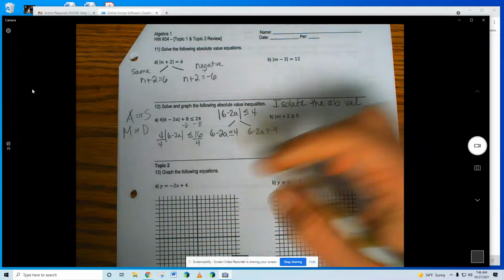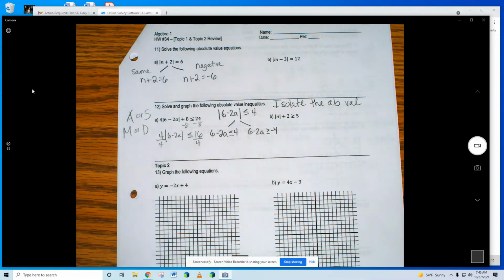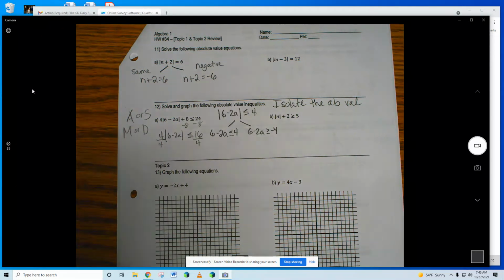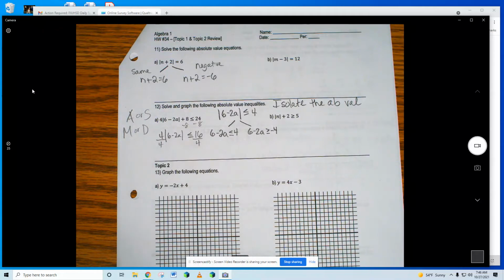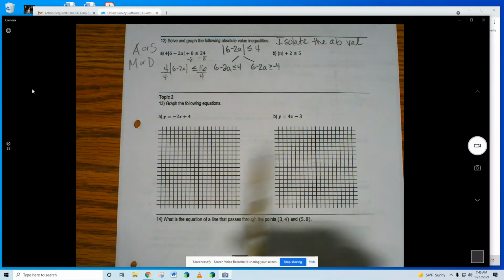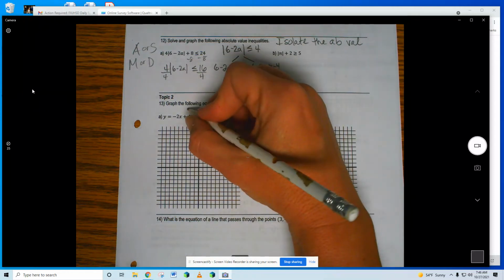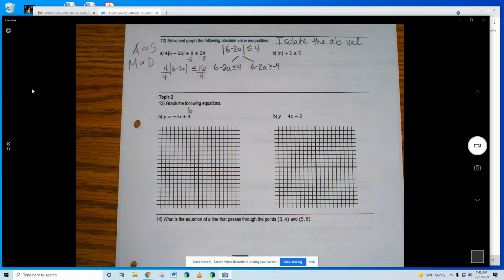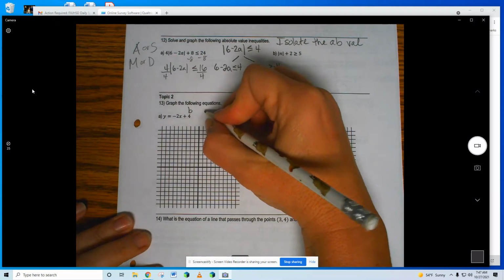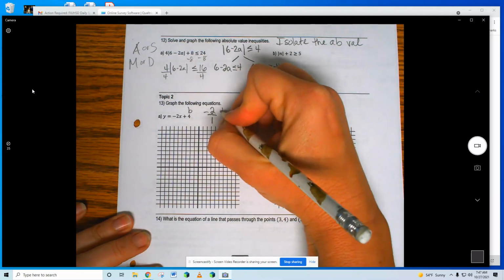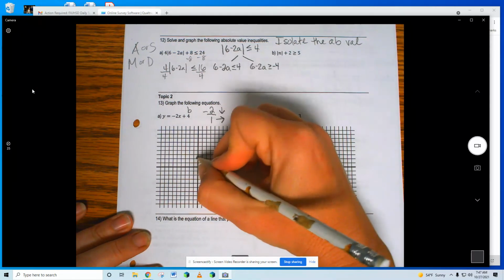Watch out for the negative 2 that you have to divide. Jumping on to 13. You guys know how to graph these. We just did a whole worksheet on it 2 days ago. Easy. It's negative 2 over positive 1. Begin at 4.